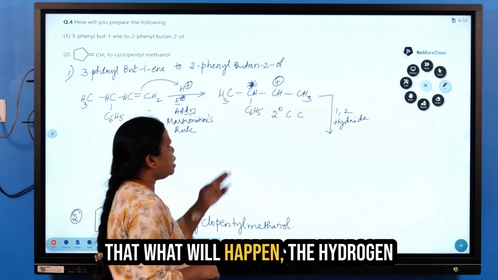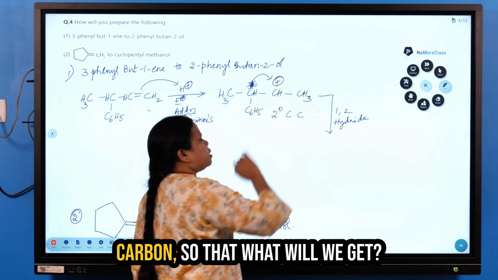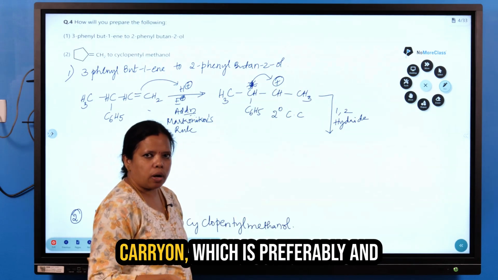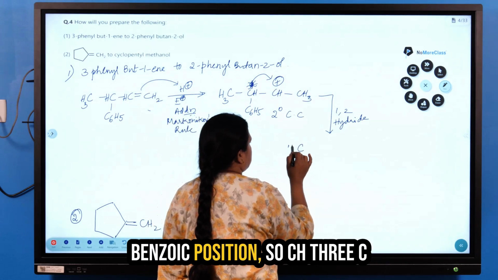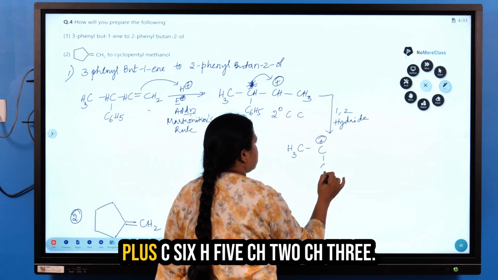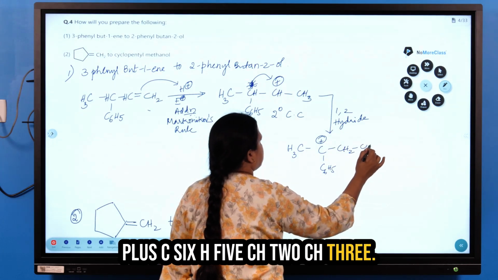So what will happen? The hydrogen from this carbon transfers to this carbon. So what will we get? We will get a tertiary carbocation, which is at a benzylic position: CH3, C plus, C6H5, CH2, CH3.